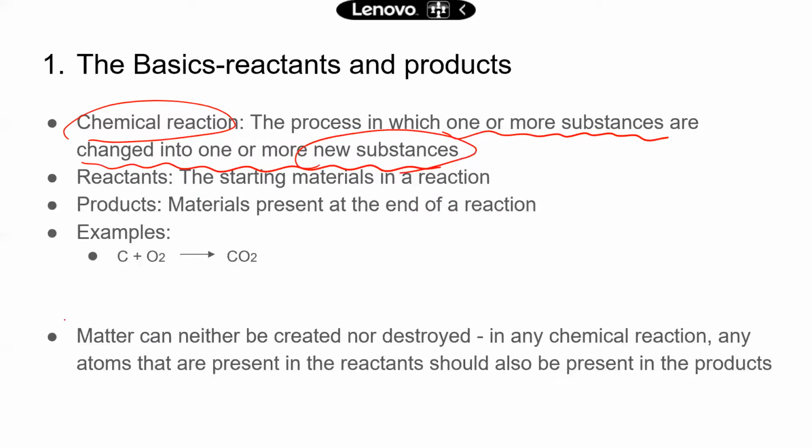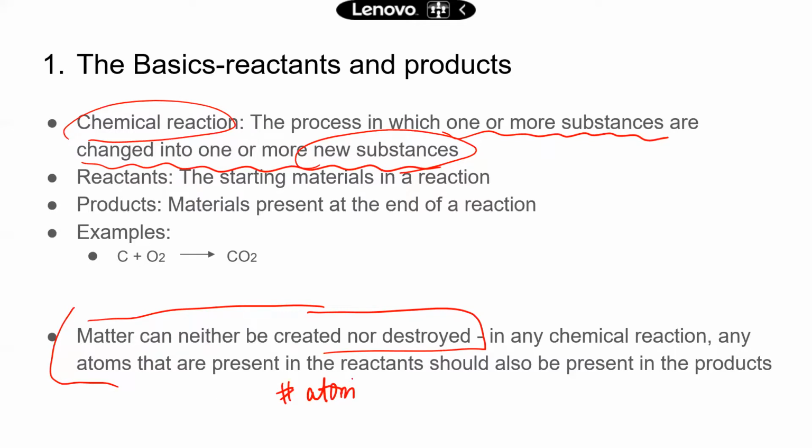However, matter can neither be created nor destroyed. So that means even though the substances are different, at the beginning and at the end of the chemical reaction, you should have the same number of atoms. So the number of a particular atom should be the same at the beginning and at the end of the chemical reaction. If you start with, let's say, 4 carbon atoms, then you should end up with 4 carbon atoms.